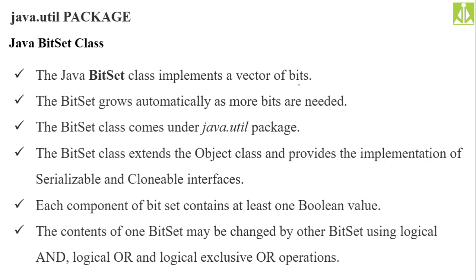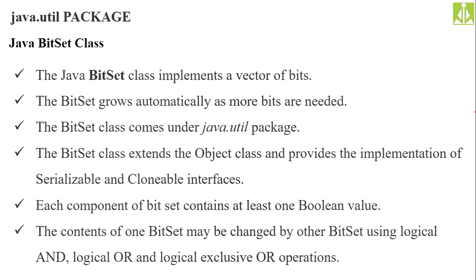So the contents of a bit set may be changed. We are not saying directly we can, so may be changed by other bit sets using these logical operations. As I said, we need some sophisticated methods in order to achieve the alteration on the bit set. Directly it is not possible. So we have logical AND, logical OR, and logical exclusive OR.